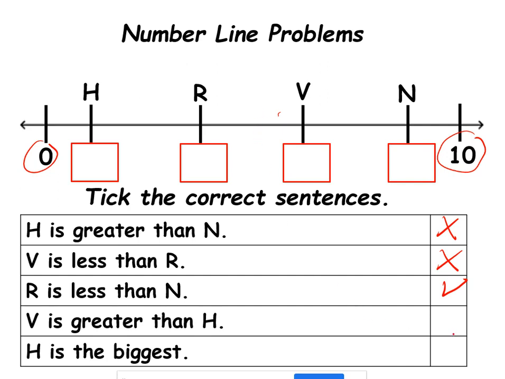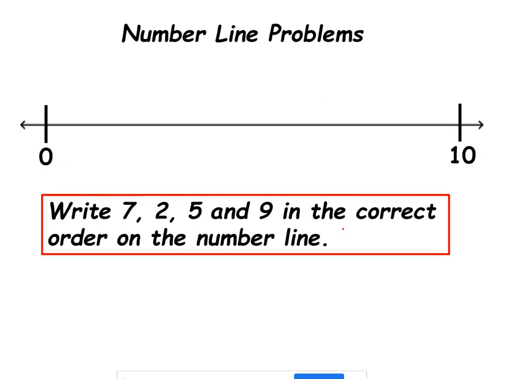So that's correct. V is greater than H. In fact, H is the smallest. So only two statements are correct. Well done.